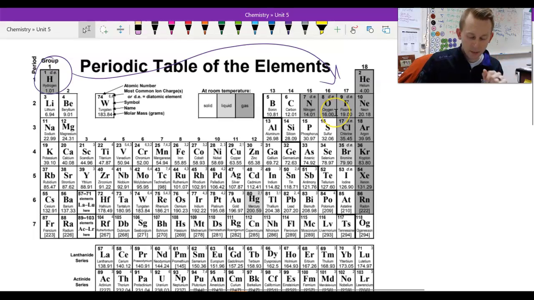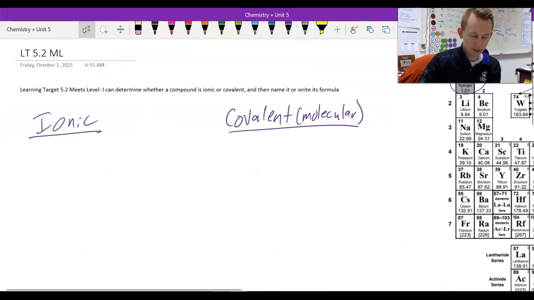But as long as we have that in mind, an ionic compound is something that has a metal and a nonmetal. Whereas the covalent or molecular compounds are only nonmetals. So nonmetals are the things that make up the covalent or molecular compounds. Let's make a note of that really quick.